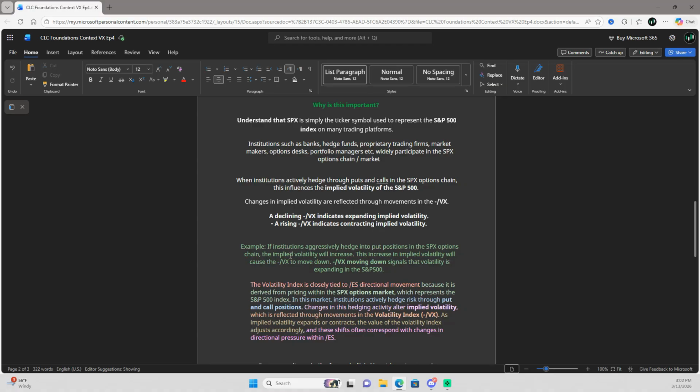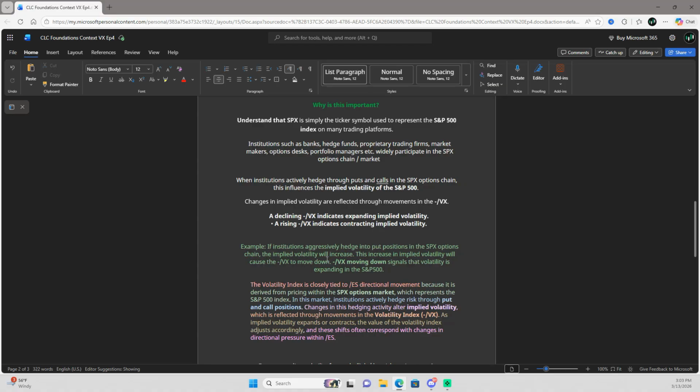Then that decision by Goldman Sachs to aggressively hedge into put positions will increase the implied volatility. And when the implied volatility is increasing, this causes the inverse volatility index to move down. And when the inverse volatility index is moving down, that's signaling to us that implied volatility is expanding within the S&P 500.